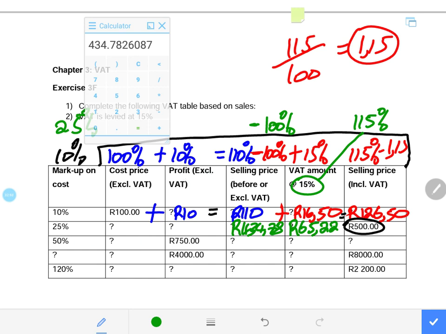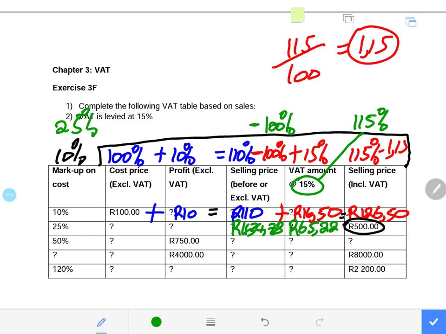We have 100% in here, always. Now what are we adding? We are adding 25%. Why 25%? Because our markup percentage is at 25%. So percentage wise, this column is out of 125. Remember, the percentage for VAT remains at 15%. The markup can depend on the company or on the product.